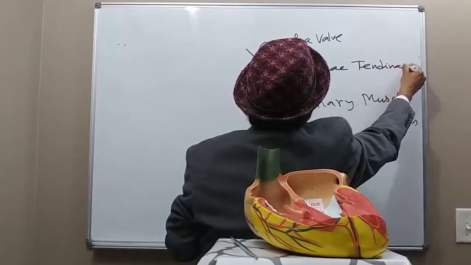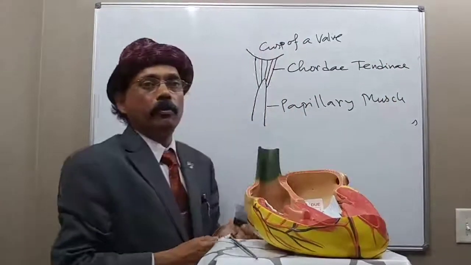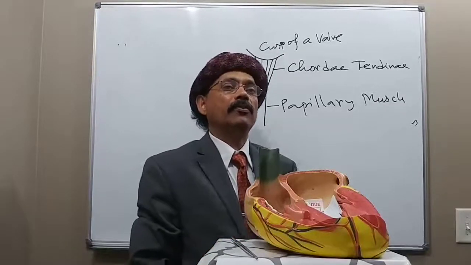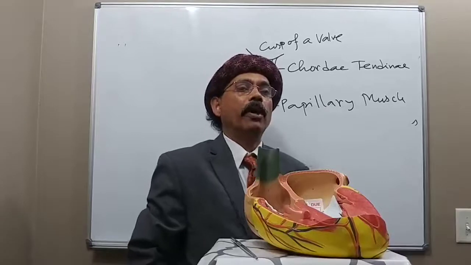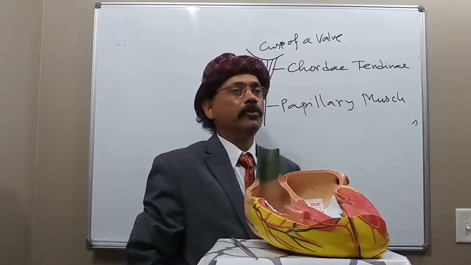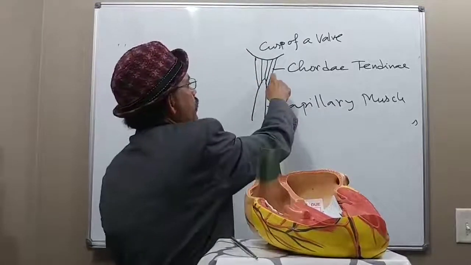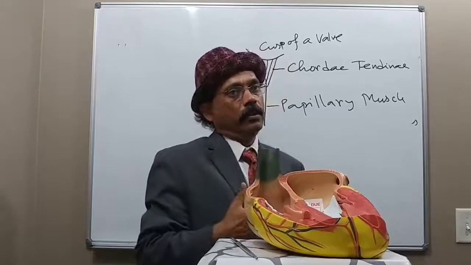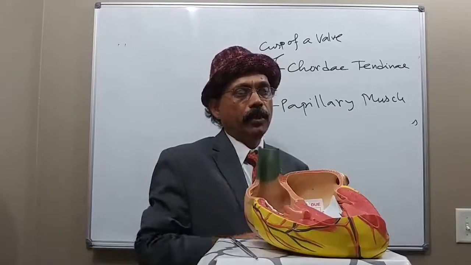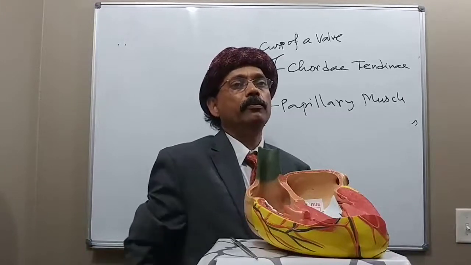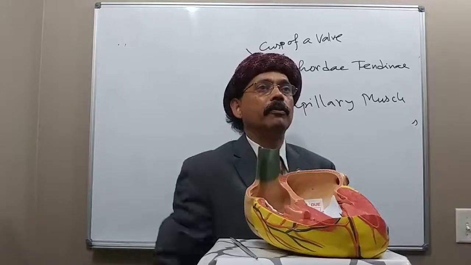Their role is to prevent excessive bulging of the valve inside the atrium during systole. So chordae tendineae plus papillary muscle regulate the bulging of the atrioventricular valve to the atrium during ventricular systole.